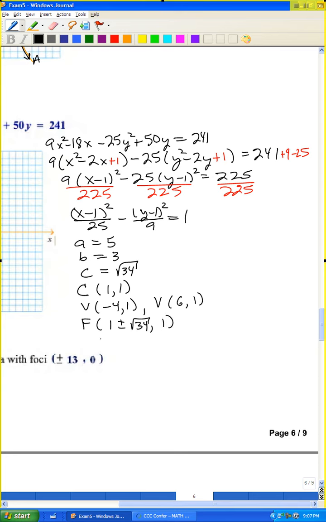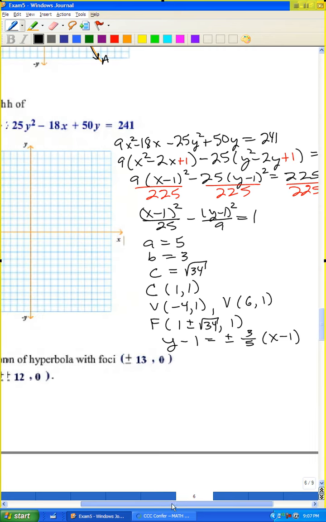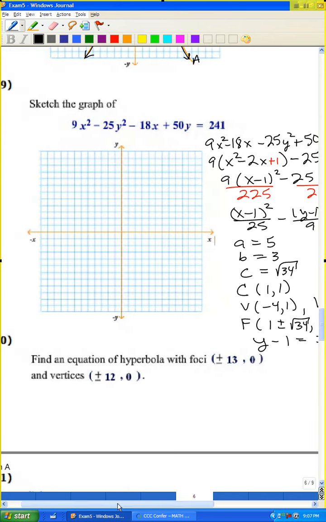The asymptotes will be y minus the center 1 equaling plus or minus b over a times x minus 1. Okay, and so I have the following. So the center is at 1, 1.